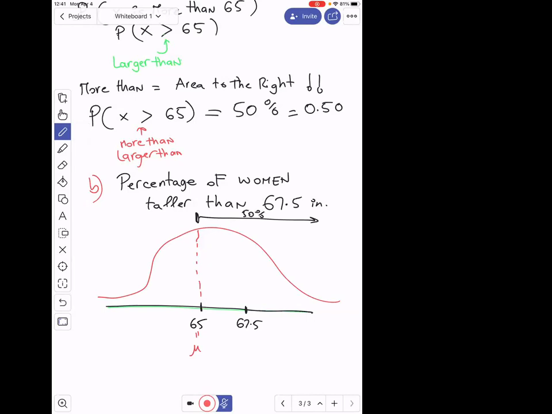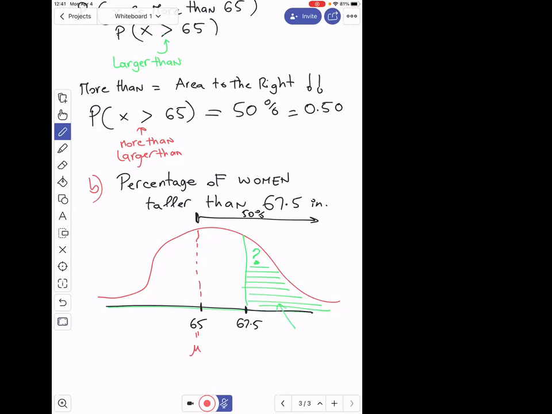Now, I want to find the area to the right of 67.5, not to the right of 65. So I want to find this area here.